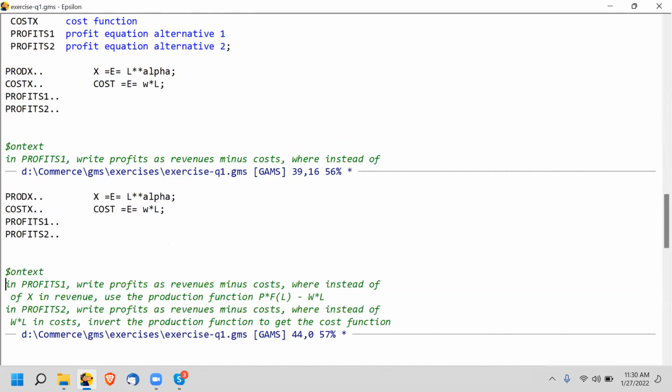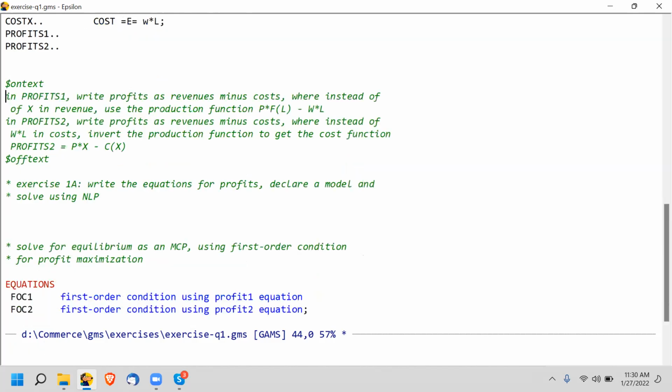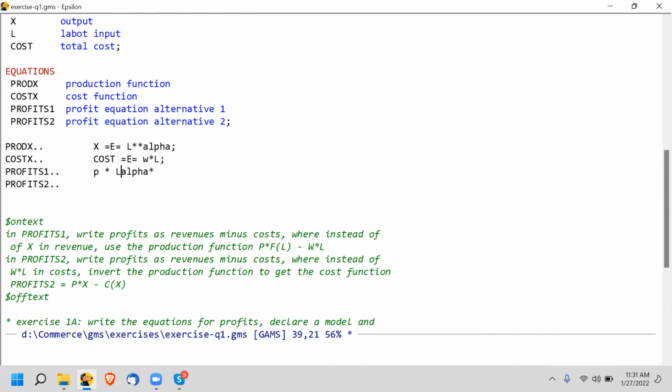Oh, I know, here it says one is the NLP formulation and the other is an MCP formulation. It's what it says right here. In profits one, write the profits as revenues minus cost, where instead of X in revenue, use the production function. So profits one is P times L to the alpha, because you're just subbing in the production function, right?